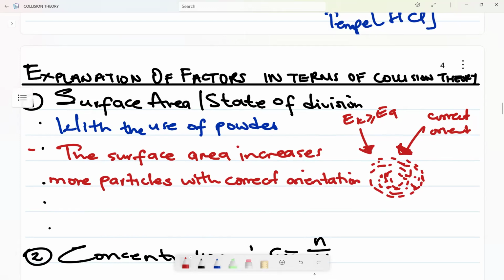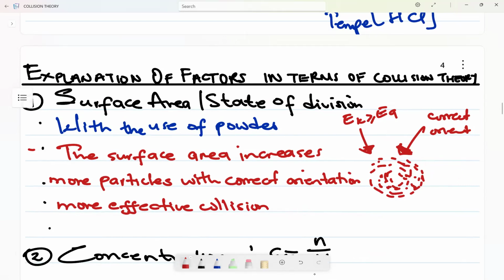If now there are more particles with the correct orientation, this is very important: remember, if we have this condition, correct orientation, it means there is effective collision again. So there will be more effective collisions. Very important. Per what? Remember, this happens per time.